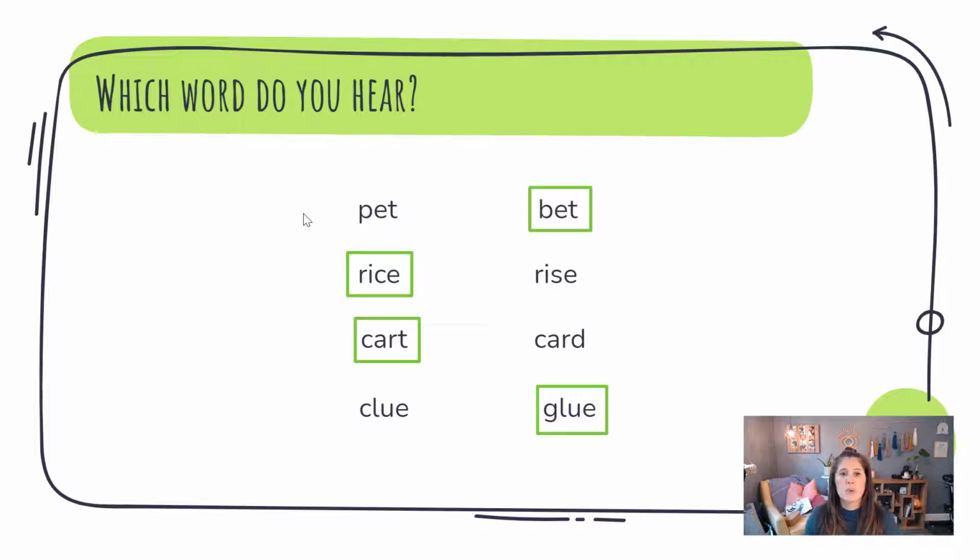The difference between pet and bet are the sounds p, b. The difference between rice and rise are s, z. The difference between cart and card are the sounds t and d. And finally, the difference between clue and glue are the sounds k and g.